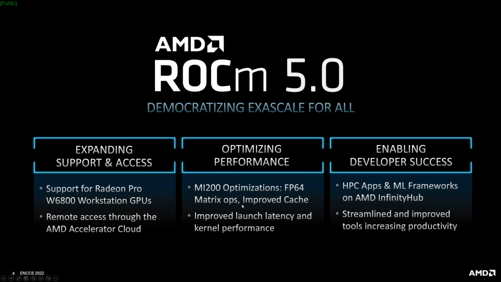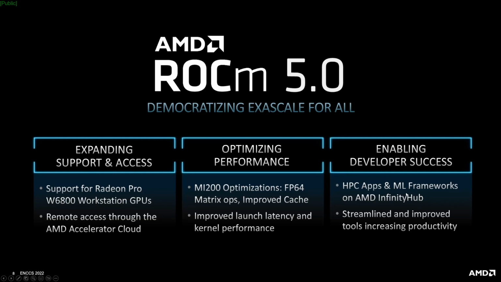I know because I tested it on my personal one. It's pretty great. And then you have lots of optimization for MI200. You have the FP64 matrix operations supported in software, improved cache, and so on. Runtime got improved a lot.